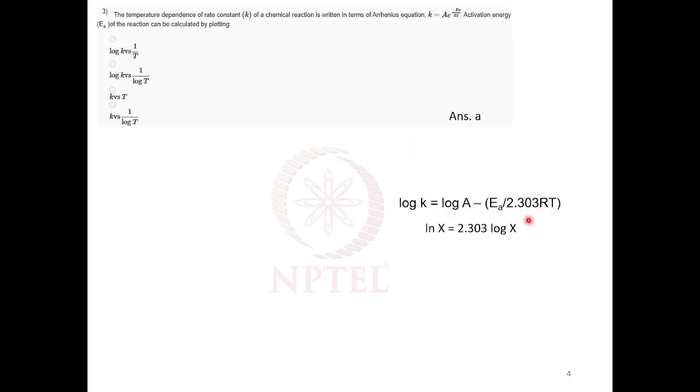If you divide the whole left and right hand sides by 2.3, you will get log k equal to log A minus Ea by 2.303 RT. So if you take the plot between log k versus 1 by T, that is the first option, you will get a slope. That slope is a negative value. If you multiply that slope with 2.303 R, then you will get the value of the activation energy.